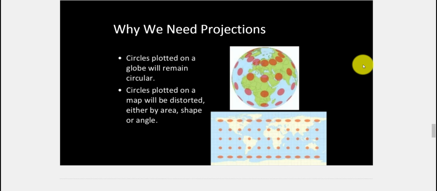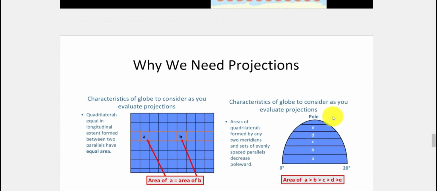But if you were to take that globe, cut it and try to stretch it out and make it into this rectangular flat product that we see down here, now you can see that the circles would actually be distorted. So along the equator, they would stay about the same size, but then as we move away, you can see they're distorted by area, shape, and or angle. And that's why we need projections.